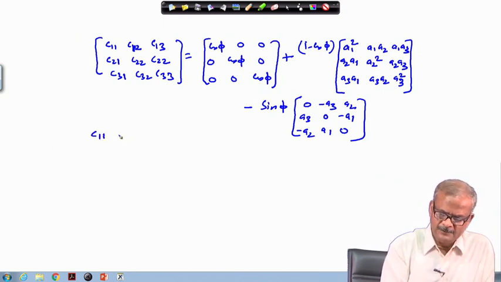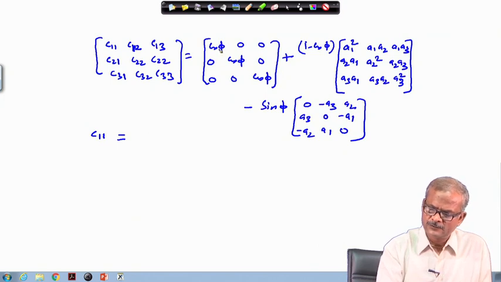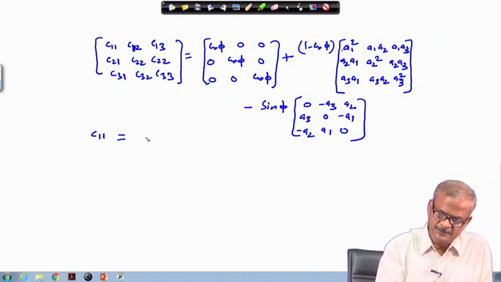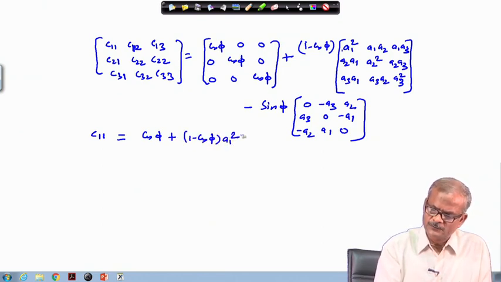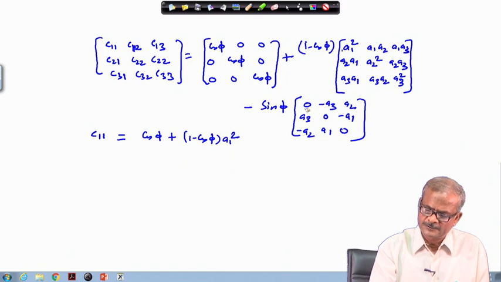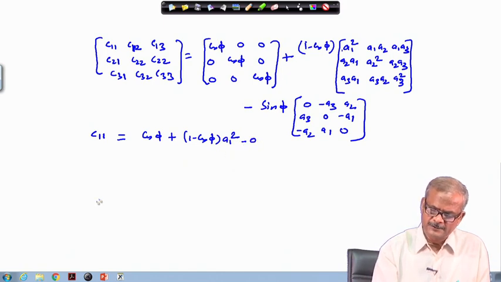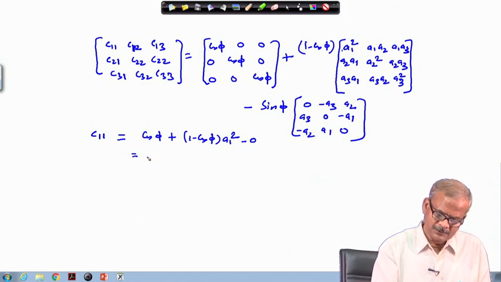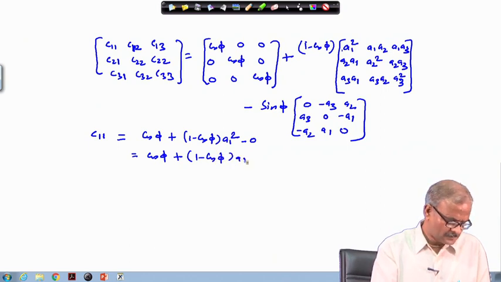Let us say C 11. So, C 11 we need to add all the first terms. So, this will be cos phi plus 1 minus cos phi times A 1 square, and here this first term is 0. So, this is your first term, which is cos phi plus 1 minus cos phi A 1 square.